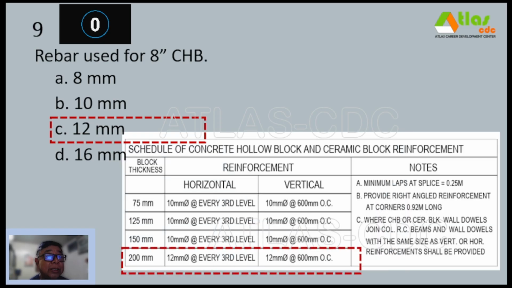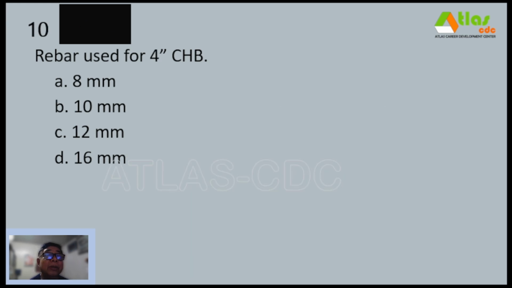So again, this is from the DPWH standards on construction notes. 200 mm CHB is 12 mm at every third level for horizontal, and 12 mm at 600 mm on center for vertical.